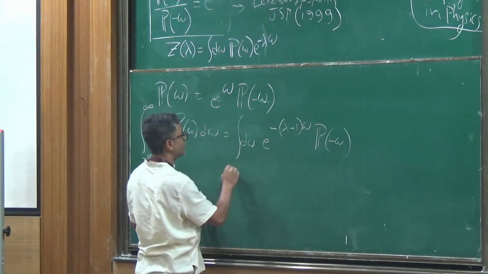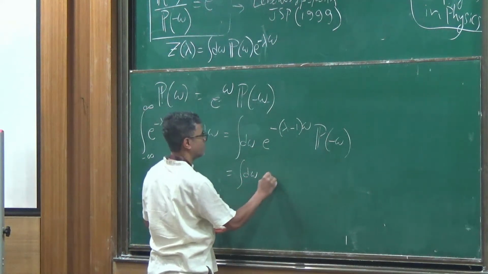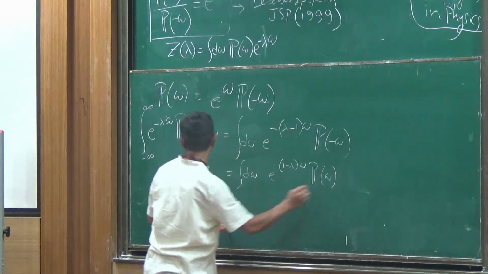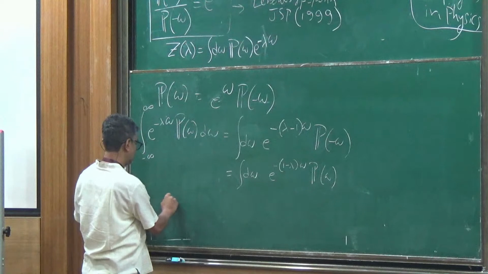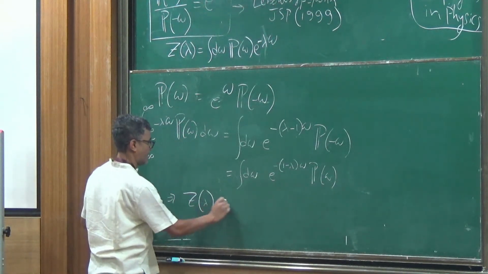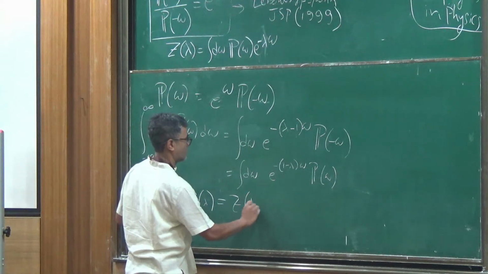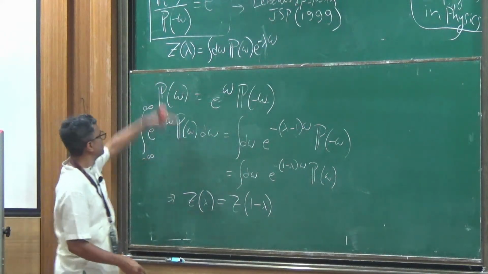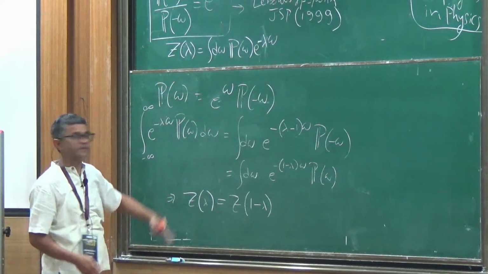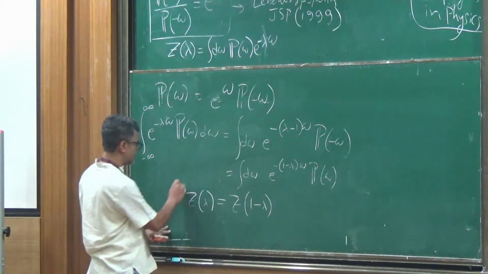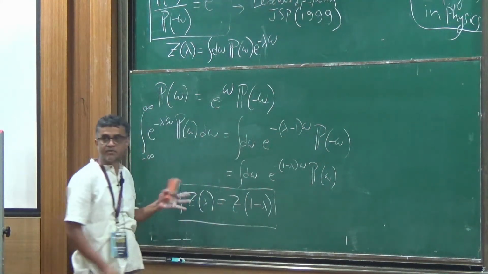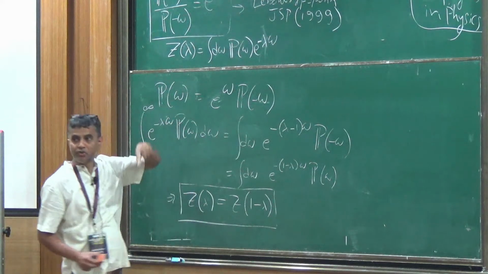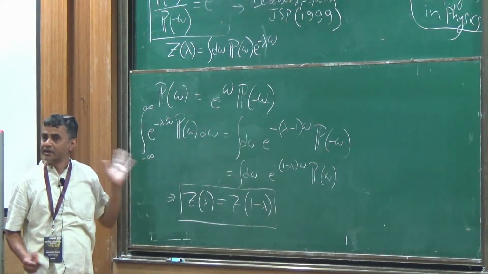I can now change omega to minus omega, so then this becomes P of omega. So this is the same information as this, right? So the Z of lambda contains the same information as P of omega, and this is the statement of the fluctuation theorem in terms of the generating function. Omega is the entropy produced in a time t, and so it's valid for any time, small or big.